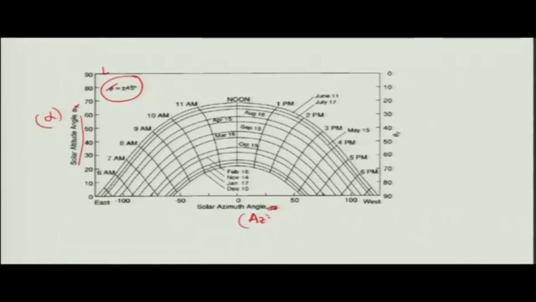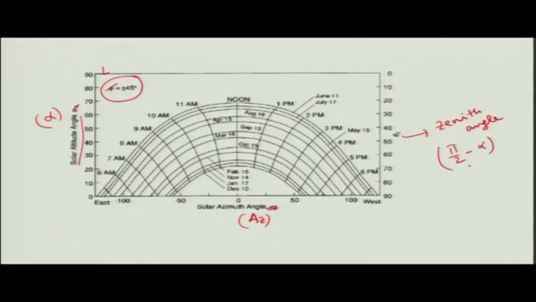So, these are two independent axes that we have, and the other third vertical axis, which you can see here, is the zenith angle, which has no new information, it is just pi by 2 minus alpha.